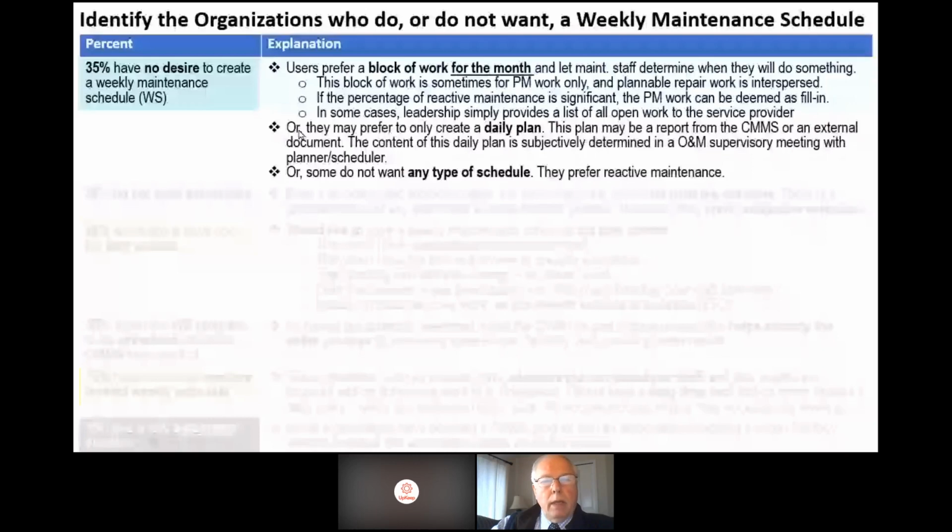Some don't buy into this weekly schedule concept, and so they simply create a daily plan, and that's their only focus. They'll have an O&M meeting, operations and maintenance supervisory meeting at the start of the shift day, perhaps, and that's when they create that type of output. Again, there's some that simply do not want any type of schedule, and they are definitely in a reactive mode.